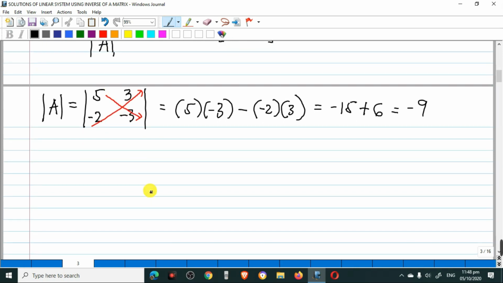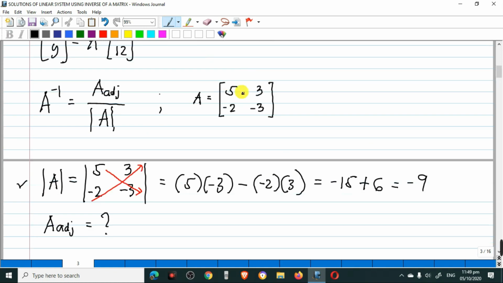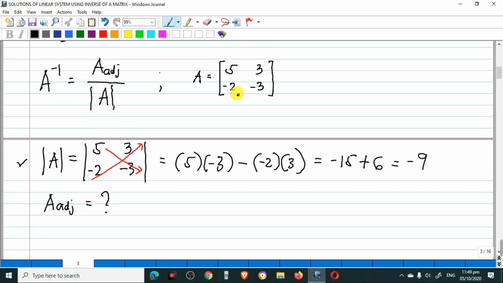Okay? So, let us now proceed in solving for the classical adjoint. Solve na tayo dun sa ating determinants of a matrix. So, in order for us to determine this, kailangan natin isa-isahin yung cofactor ng bawat entry. Okay? So, let us first solve for the cofactor.